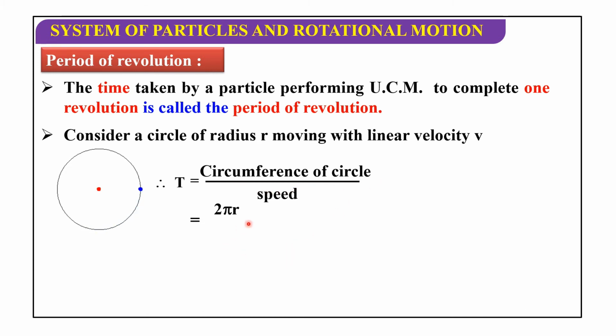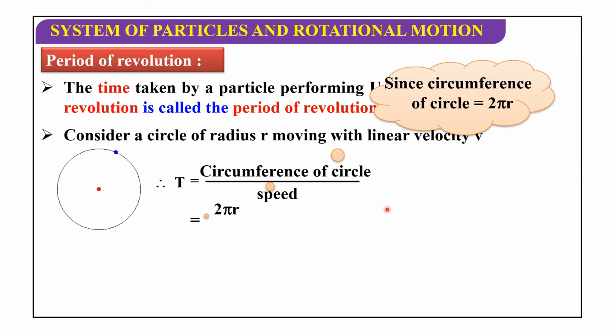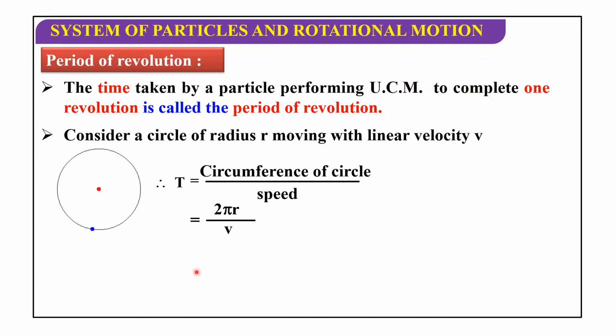So, T is equal to 2 pi r by speed, since the circumference of a circle is equal to 2 pi r. So 2 pi r by v. So T is equal to 2 pi r by v. 2 pi r gives the circumference, speed is v.